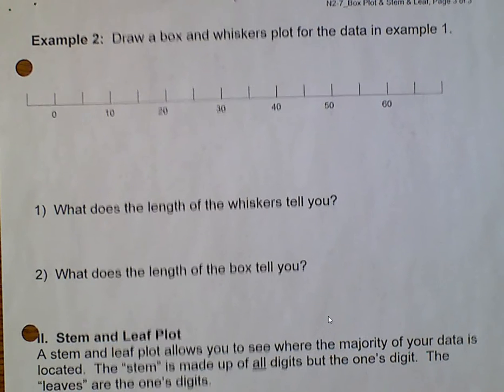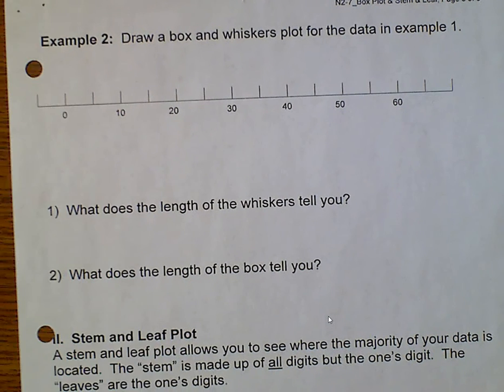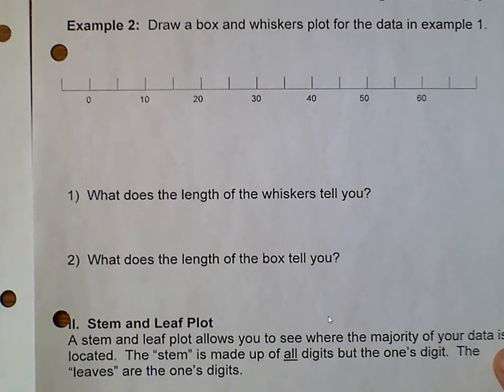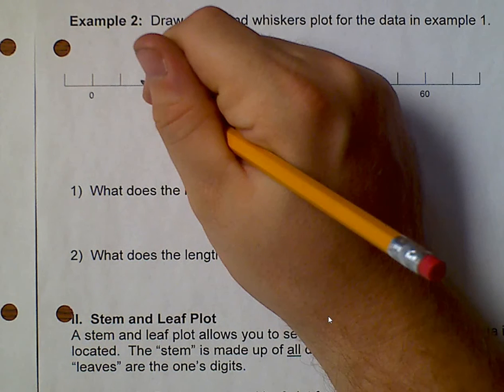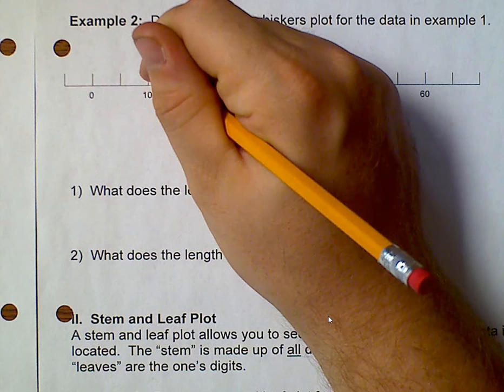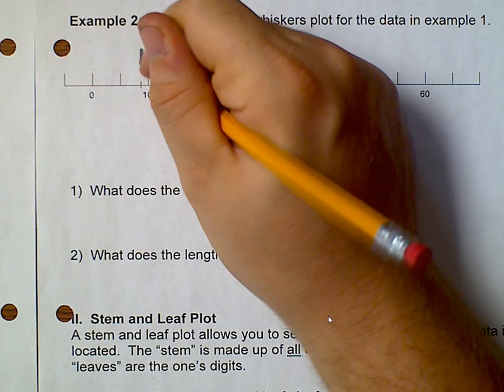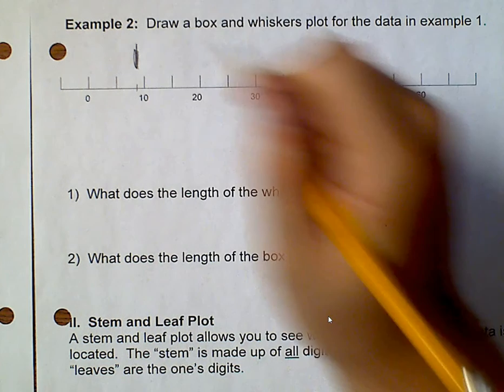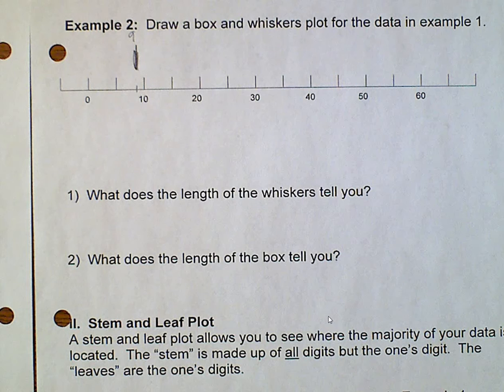And so here we have our number line, and we're going to put our information on here. First off, we need our minimum. Well, our minimum was 9. So I'm going to draw there. That's my minimum. And my maximum was 41.